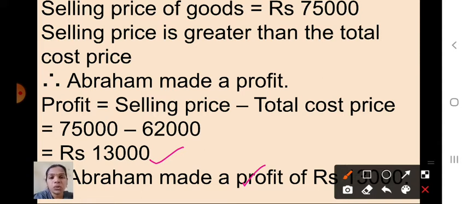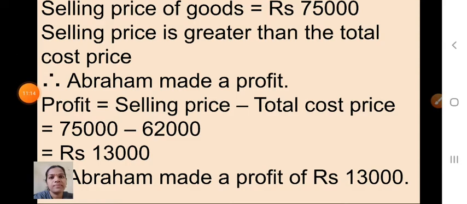I hope you understood this one. Children, again I am telling you, for a word problem you always have to read the question two or three times, get the points they are giving, and afterwards find what is asked. Here I have completed the revision of the profit and loss chapter.